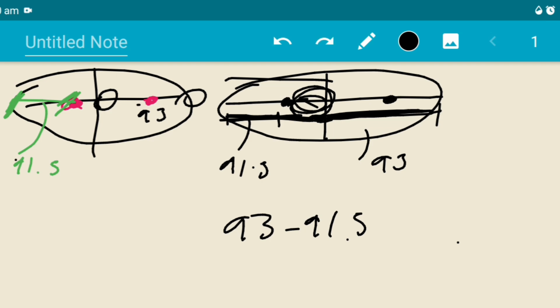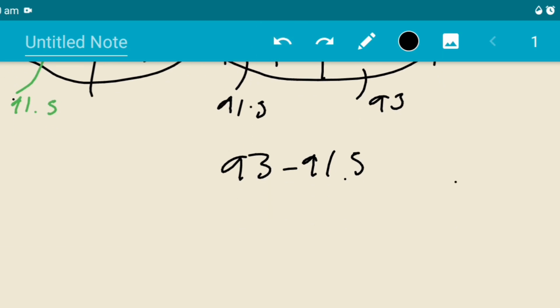So it is 93 minus 91.5. When we calculate, we'll find that 93 minus 91.5 is just 1.5. So we have our C. C is equal to 1.5.